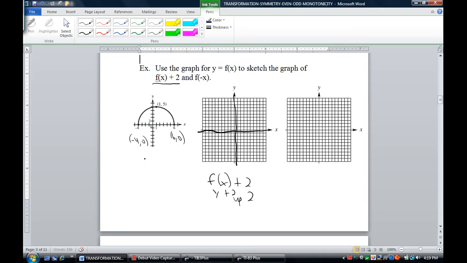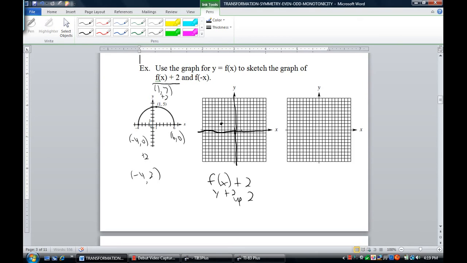So if I take the negative 4, comma 0, and add 2 to the y value, I get negative 4, comma 2. So let's plot that point. I'm going to use right here 1, 2, 3, 4, and then up 2. Now 1, comma 5, when I add 2 to the y value, becomes 1, comma 7.